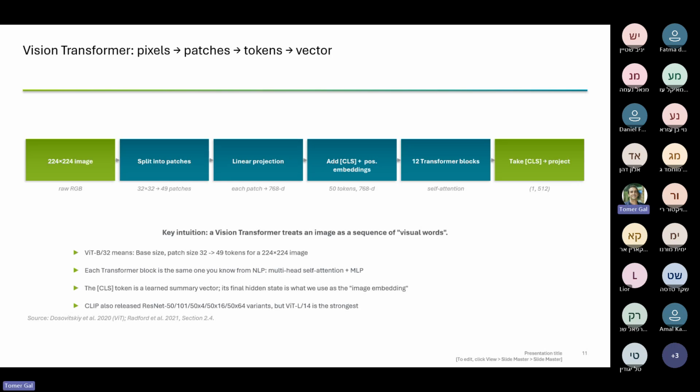Note that it's identical to BERT, nothing which is image specific in the encoder past the patch aspect. So this is exactly why this architecture transfers so well from NLP to vision. And this is also how audio models like Whisper work in similar aspects.